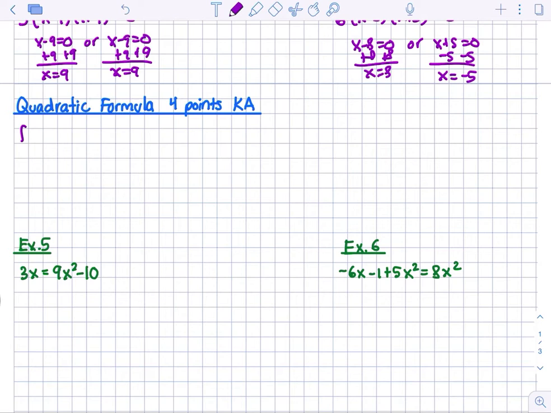Standard form, ax squared plus bx plus c. So there's standard form, okay, you guys? When you use the quadratic formula to solve for your x's, you have to make sure the standard form is equal to 0. Everything has to equal 0.